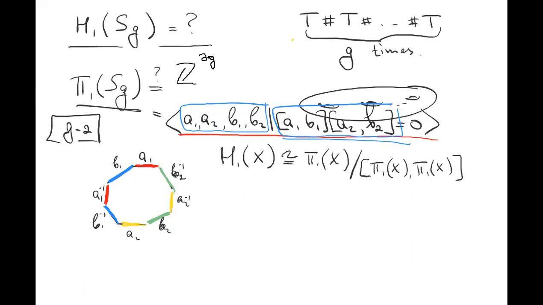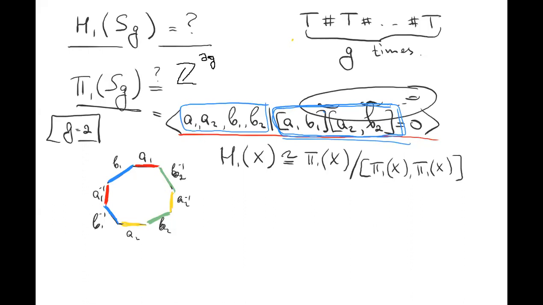Yeah. Of course, because the commutator of any two elements in an abelian group is 0. So we should forget about all relations of commutativity.